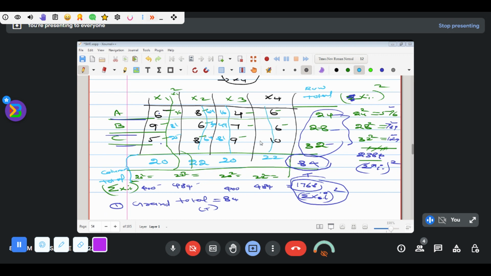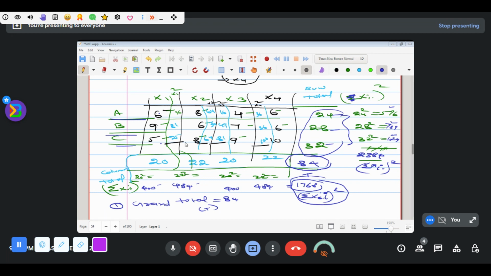Here also x4 squared: 36, 36, 100. Now we want to add all these values. Any doubt regarding this calculation? This is x1 squared, this is x2 squared, this is x3 squared, this is x4 squared. Now we want to add all the calculations.